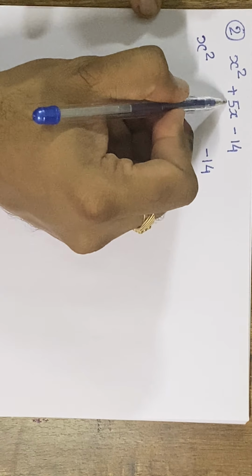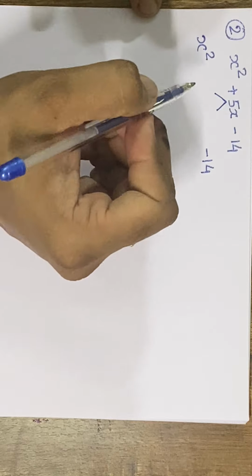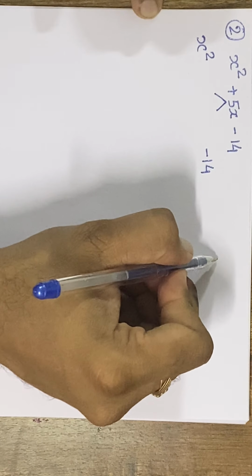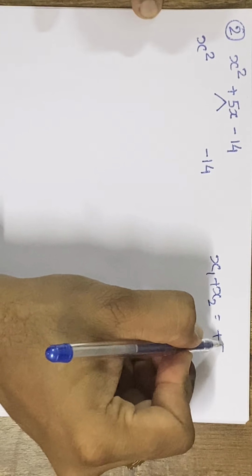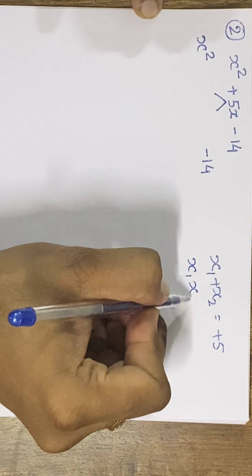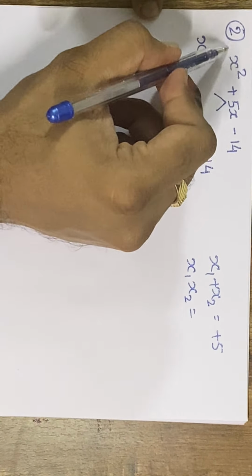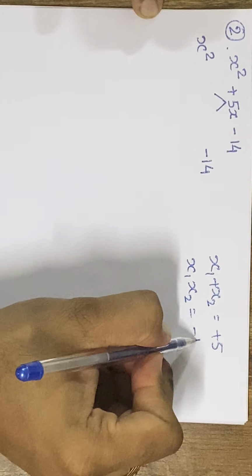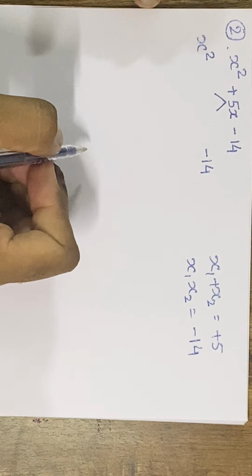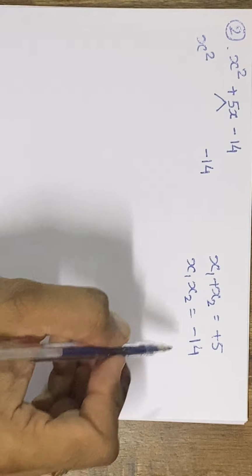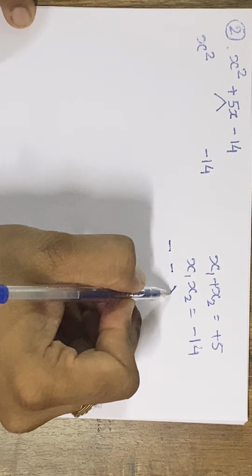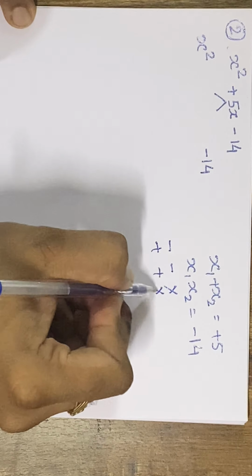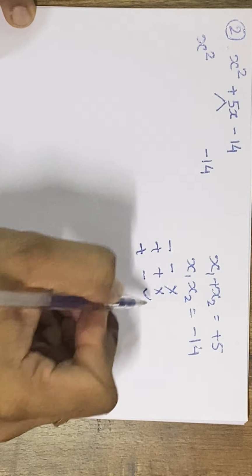I know my 5 has to be split into two parts such that the addition is 5 and the multiplication is a into c. So a is 1, c is minus 14, so it should be minus 14. Since I know that the multiplication is minus, my numbers cannot be minus minus, and cannot be plus plus. It has to be one plus and one minus.